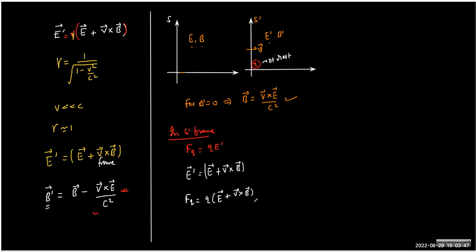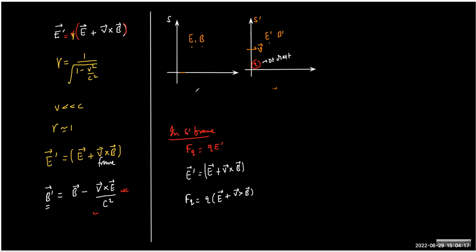I cannot make B 0, I can make B dash 0. Ah, no, I got it. B dash is B. Ah, correct. No, this is fine. Now I realize what the mistake was.